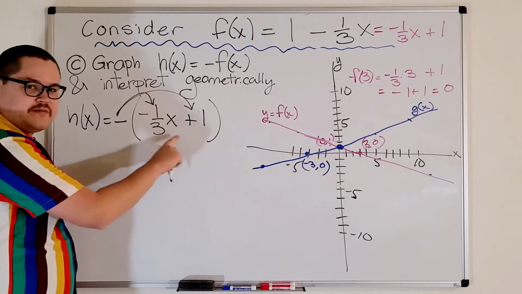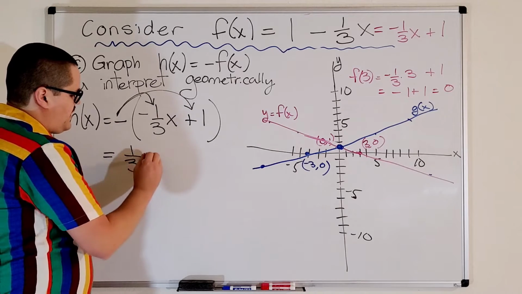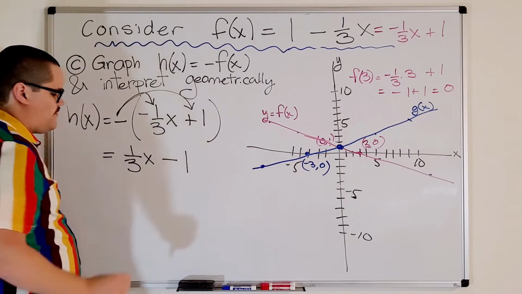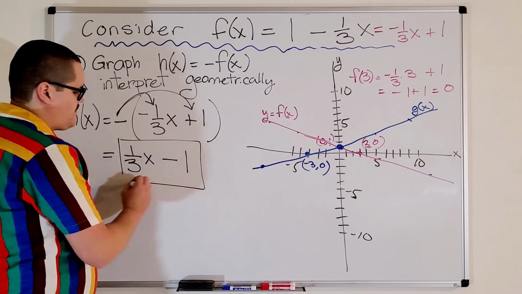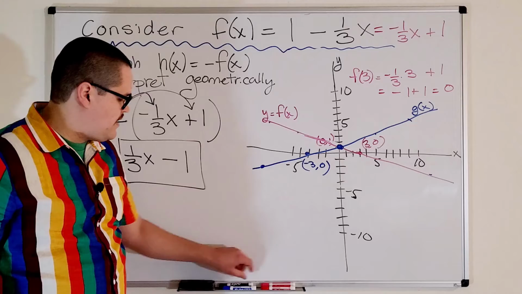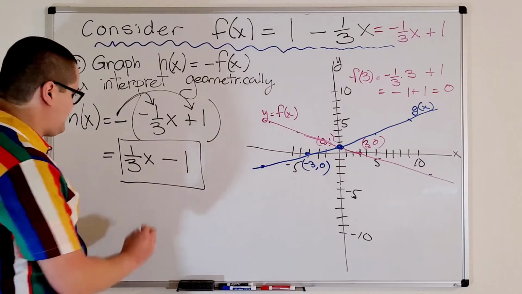So negative times a negative is positive 1/3 x. Negative times a positive is negative 1. So this is the equation of h of x. Okay, so again, this is in slope-intercept form.